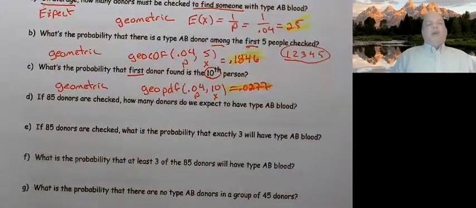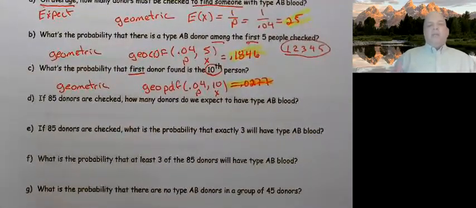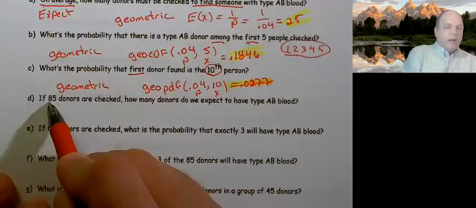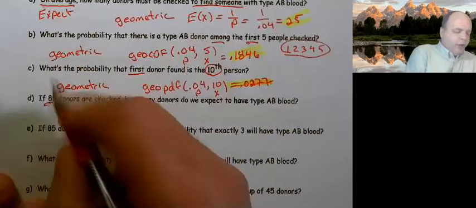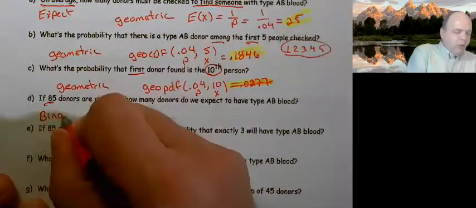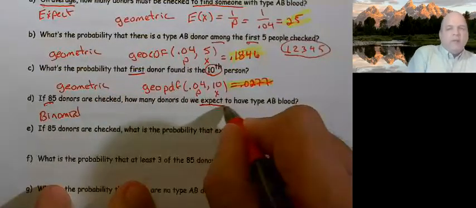If 85 donors are checked, how many do we expect to have type AB blood? So we have a couple things here. First off, we have a specific number of trials. We have 85 trials. Because we have a specific number of trials, this makes this a binomial. And it asks for the expected value.